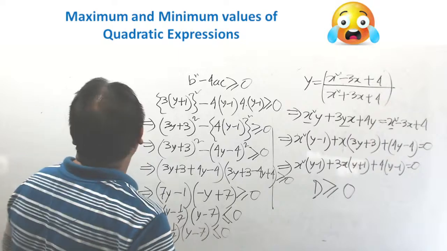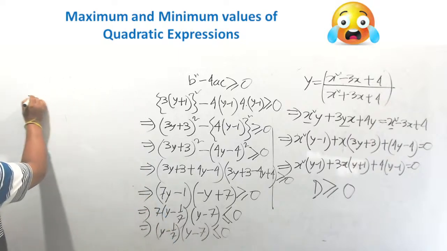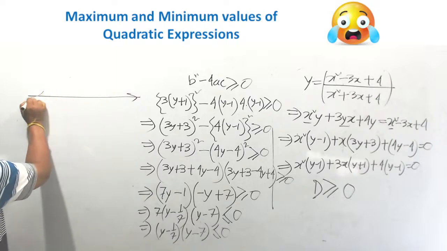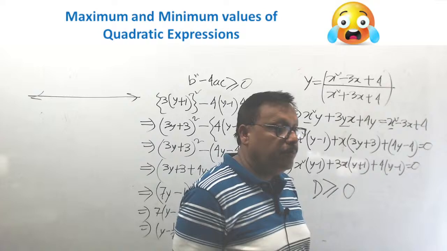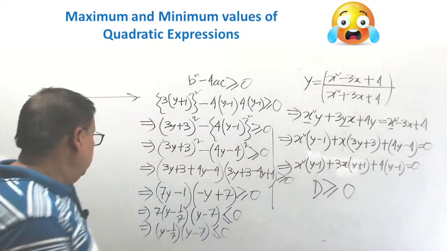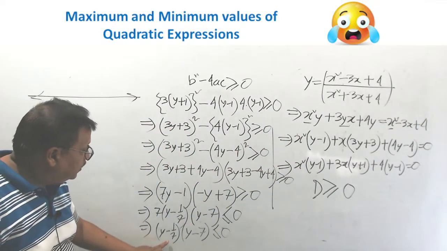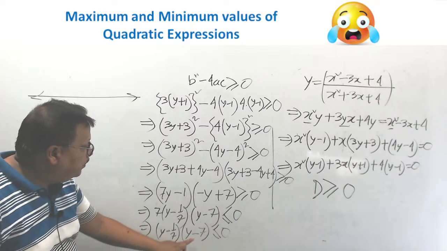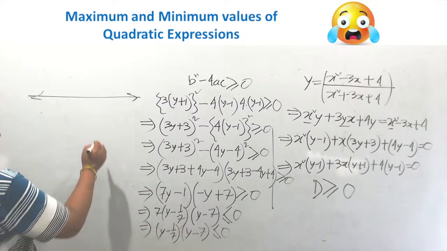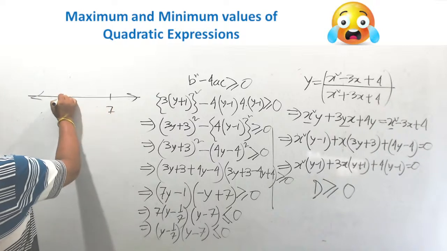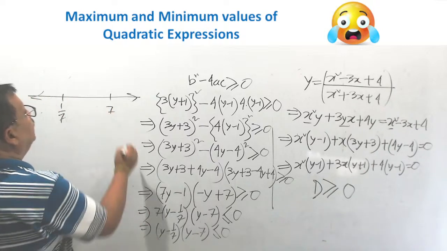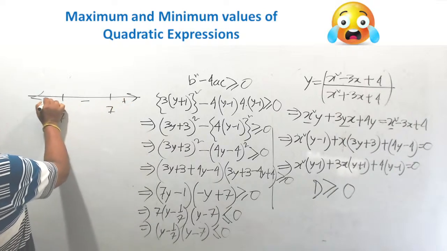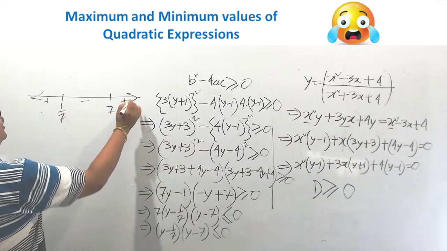Now draw the line for finding the maximum and minimum values and the range of y. Understood? So 1 by 7 and 7: 7 will be on the right side, 1 by 7 on the left. Plus, minus, plus. This is the method of the OEB curve, you should know.